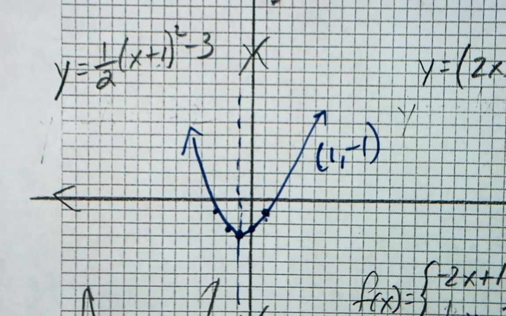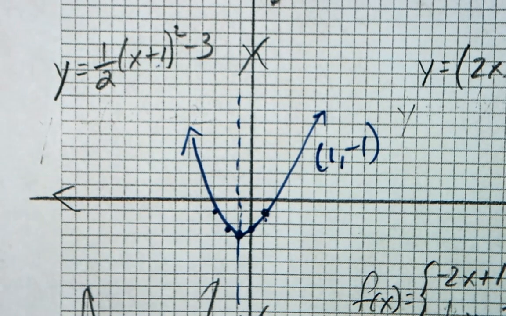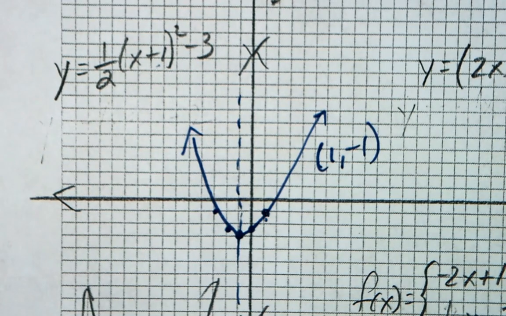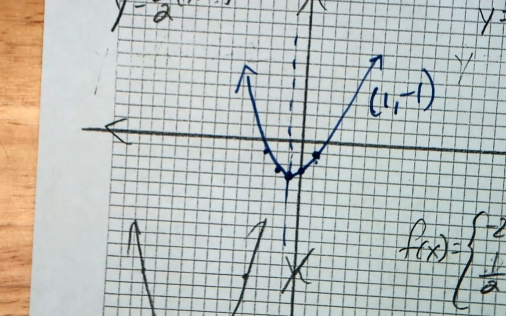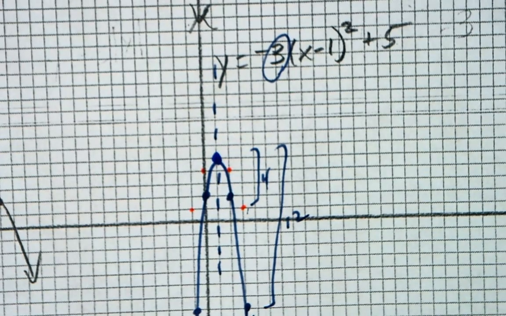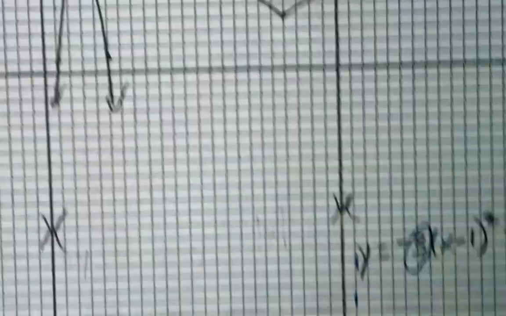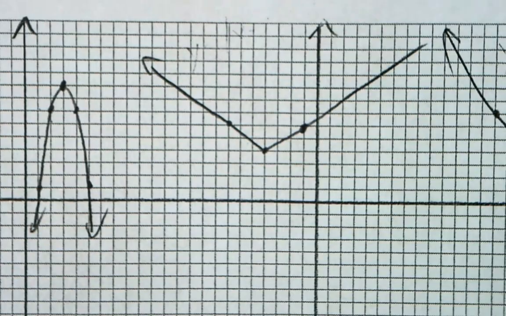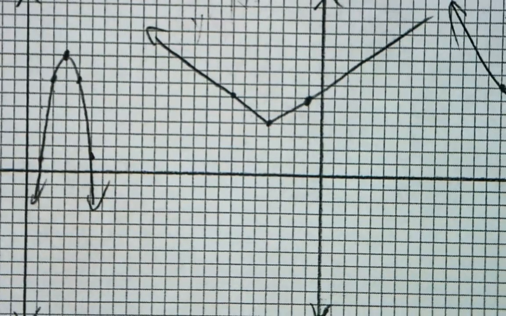Okay. So now what I want to do is go to what I would consider the most challenging part of this section, which is figuring out the equation. Okay, because now we're going backwards. That requires a higher level of understanding. Let's go to the middle one on the top.